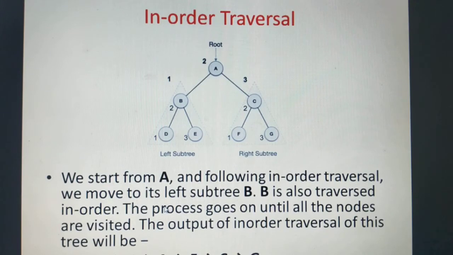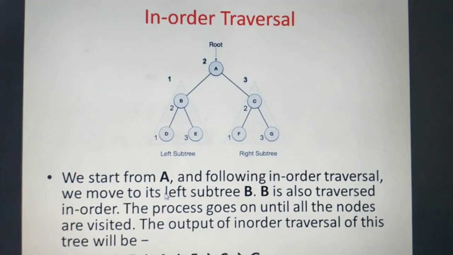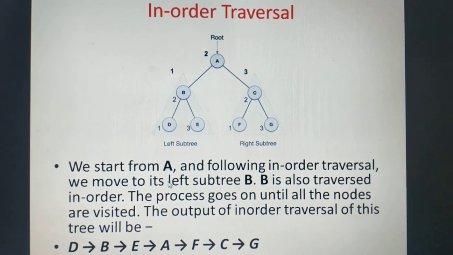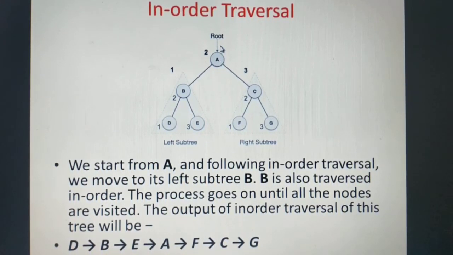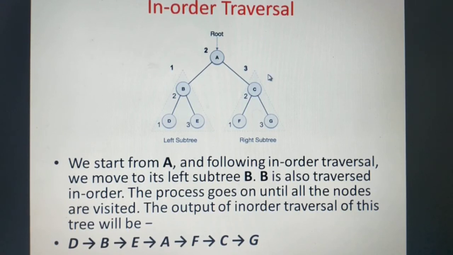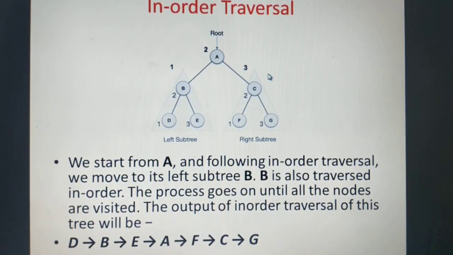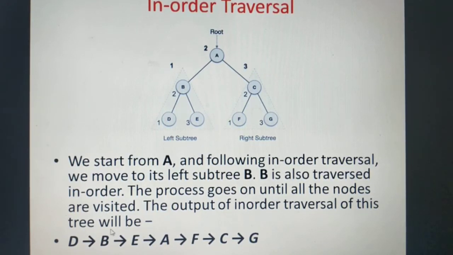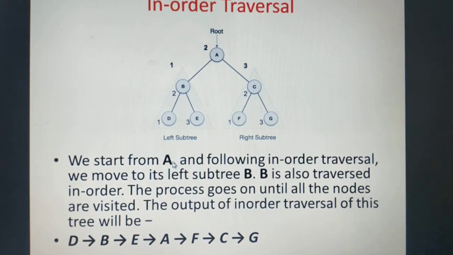Now let us take an example and look into this. Here there is a root node, then a left subtree and a right subtree. Pay attention to how we do an in-order traversal. We first start from A, that is the root node.